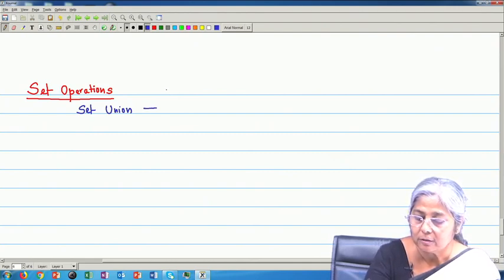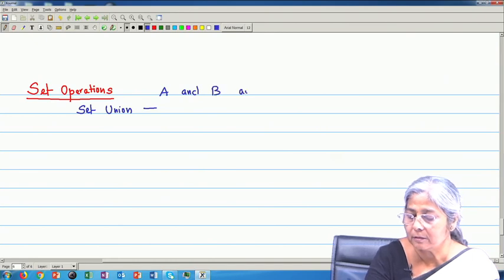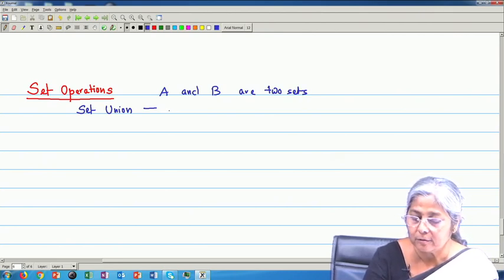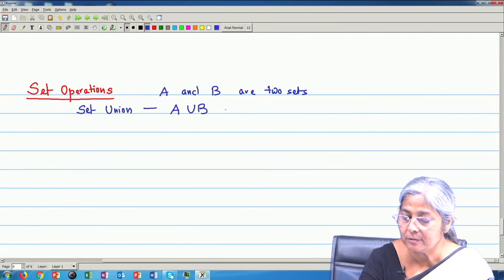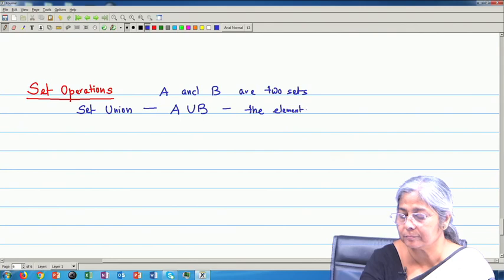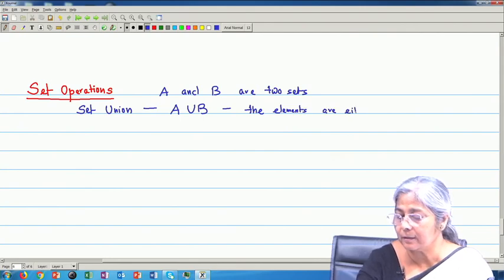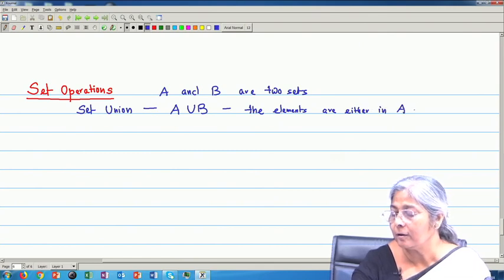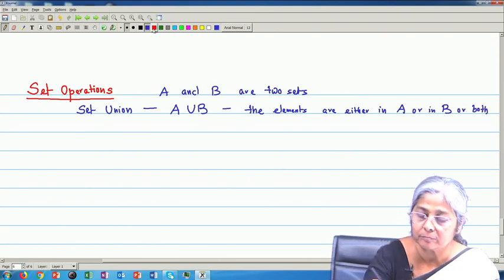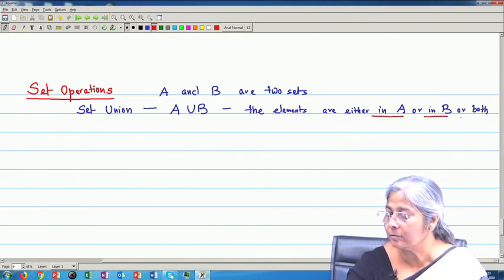so if we consider that A and B are two sets, then set union, this is the notation A union B, is defined as the set containing the elements that are either in A or in B or both.